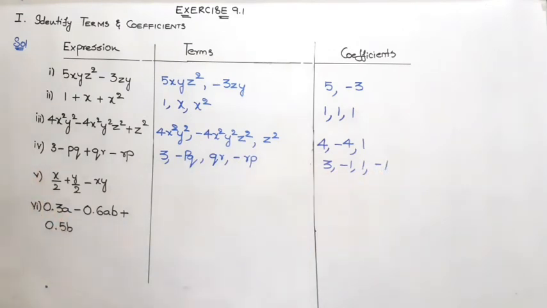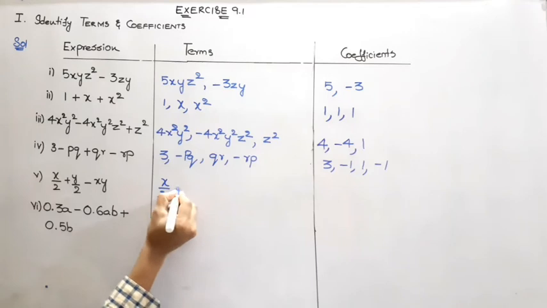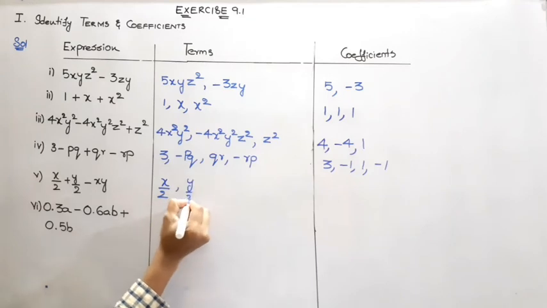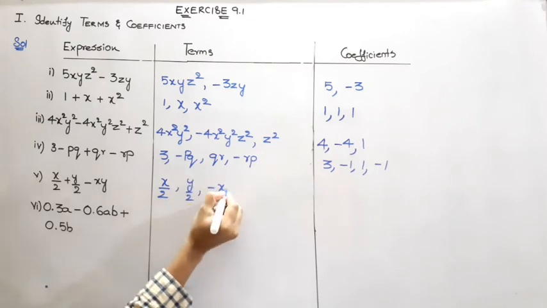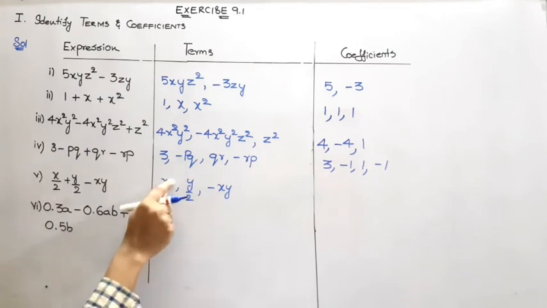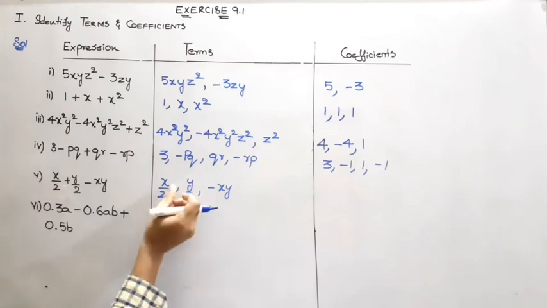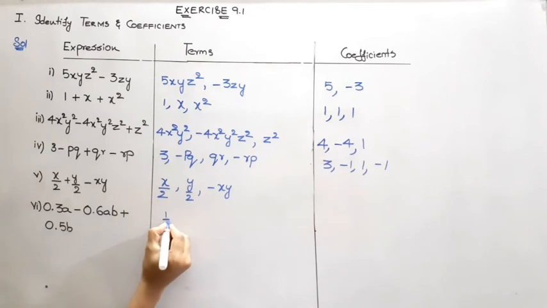Now the fifth one, x by 2 plus y by 2 minus xy. Here we have the terms as x by 2, y by 2 and minus xy. Now the numerical coefficient, children. We can write x by 2 as 1 by 2 into x.